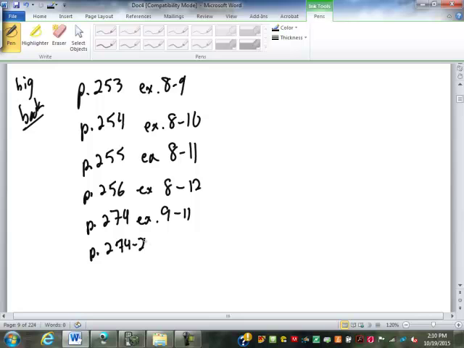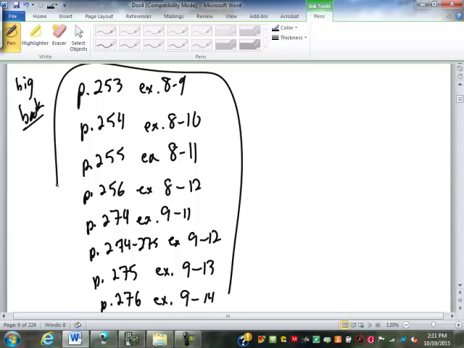Page 274 through 275, exercise 9-12. Page 275, 9-13. Let's do tomorrow. And page 276, exercise 9-14. It looks like a lot, but it goes really quick. It's just the standard and metric capacities and masses and weights. Just do the odds. See, I just cut the assignment in half for you. It's usually a really good indication.